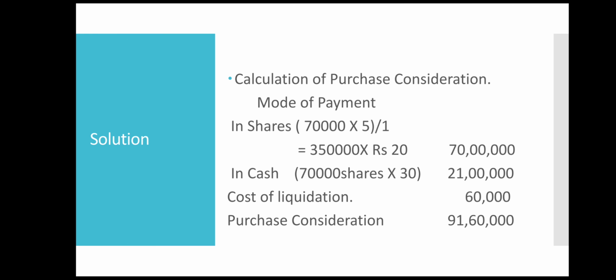Except that, no other payments are to be considered, such as any payment made to debenture holders, creditors or anyone else. And we have to include liquidation expenses only if they are paid by the purchasing company. So in this problem, as the liquidation expenses are paid by the purchasing company, we have included that and calculated the purchase consideration. I hope this problem is clear.